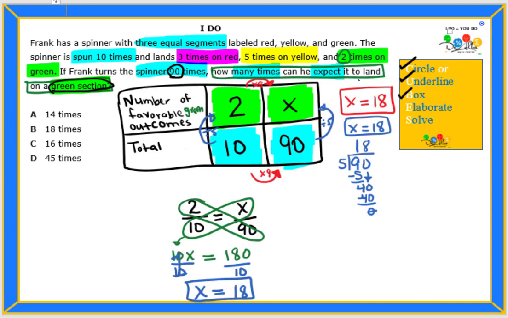So once again, our question: if Frank turns the spinner 90 times, how many times can he expect it to land on a green section? If he spins the spinner 90 times, he should expect to land on green 18 times. The correct answer is B, 18 times.